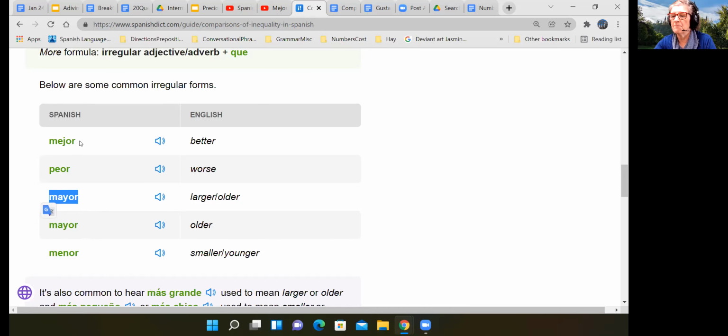Now, notice that mayor is pretty similar to that word mejor. Shoot, they both start with an M, they both end with an R, but the things in the middle don't match up. So, mejor, better, mayor, older, for people.